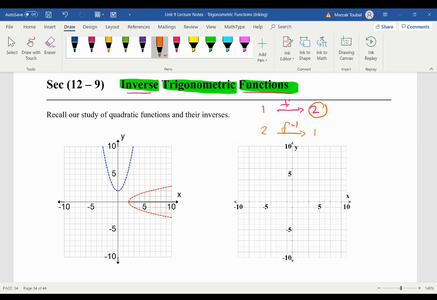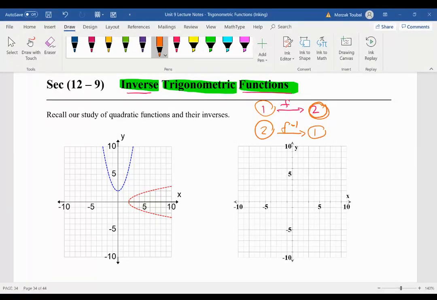Pretty much, it reverses what the original function does. So if 1 is the input and 2 is the output, then the inverse takes 2 as the input and produces 1 as the output.